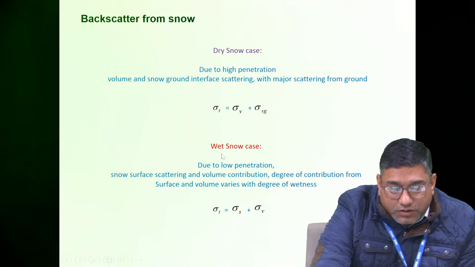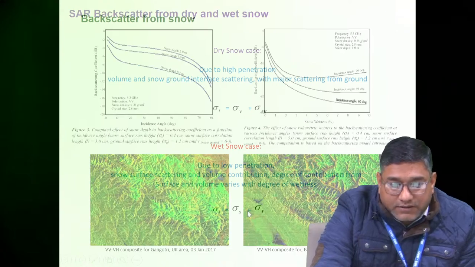If it is a wet snow, it means some wetness is present in the snowpack. So what will happen? It may not be able to penetrate. Due to the low penetration, we will get back the backscatter from the surface and the volume scattering, and we will get the sum of these two as backscatter at the sensor.